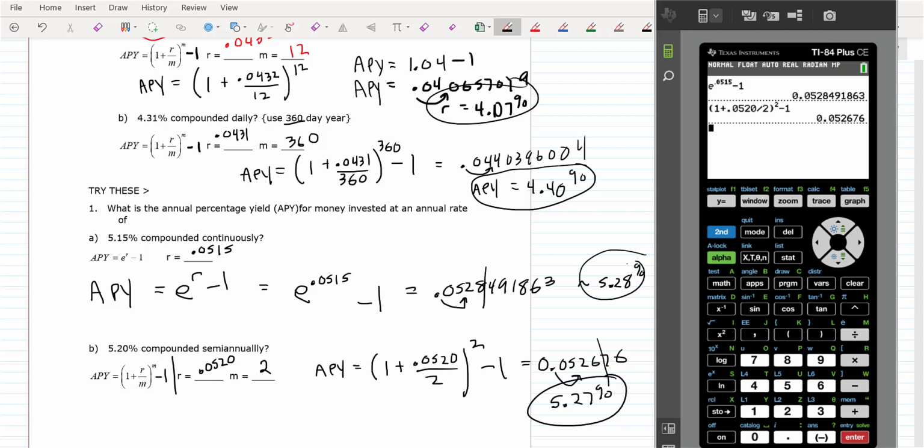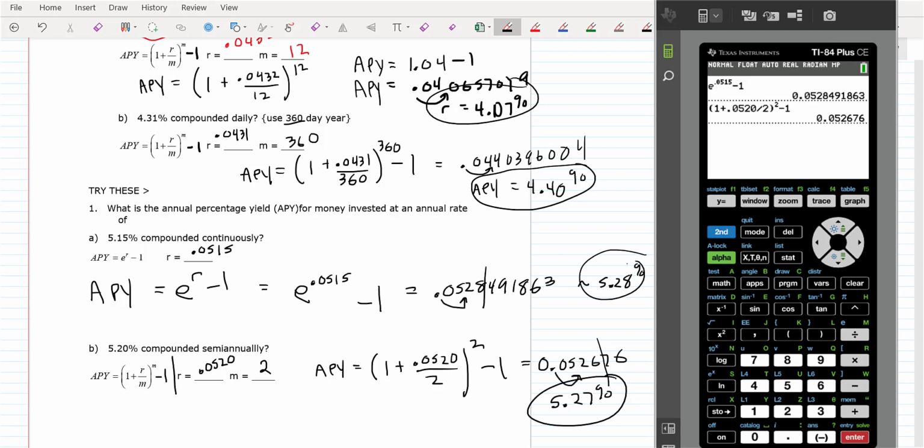So that's the idea: if 2 interest rates are real close to each other, you can use the annual percent yield to compare the two. Does everybody understand the formula, how that's set up? Yeah, if you're saving money, the higher one is better.